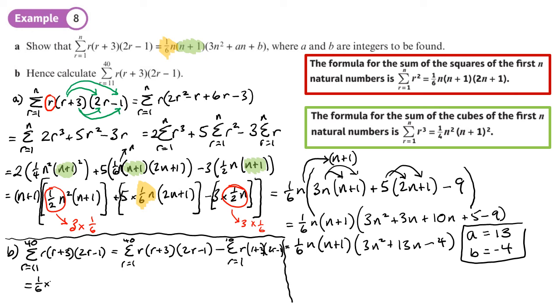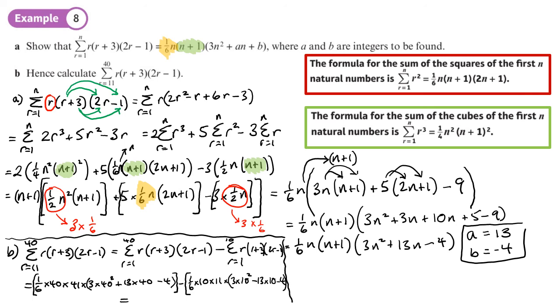So it's going to be 1/6 times by 40 times by 40 plus 1, 41, times by 3 times 40 squared plus 13 times 40 minus 4, and then we need to subtract the same thing, but now we put 10 in there, so 1/6 times by 10 times by 11, that's the n minus 1, n plus 1, times by 3 times 10 squared plus 13 times 10 minus 4. Right, let's work that all out on our calculator and see what we get.